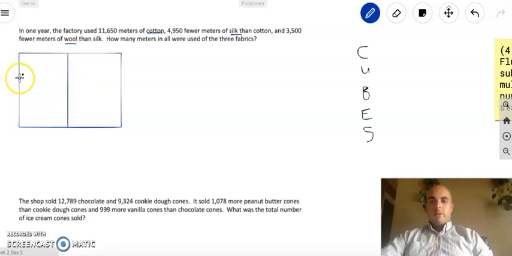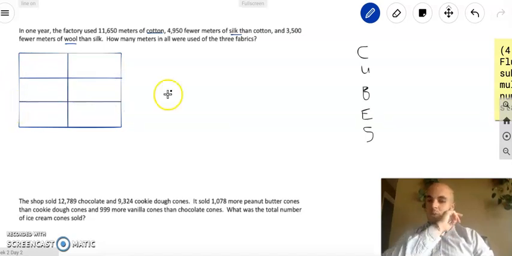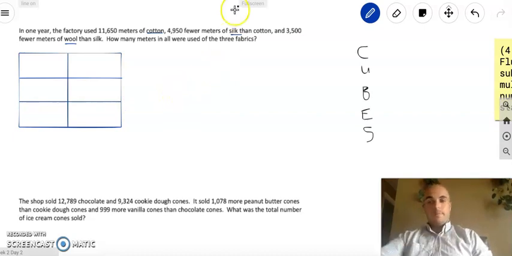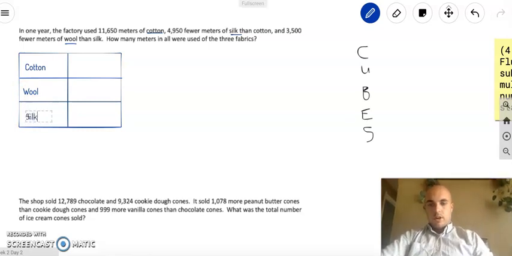I like drawing charts because they help organize the information that's written. So I make this more of a math problem and less of a reading problem. So let's put in what we're measuring. So we have cotton, wool, and silk.